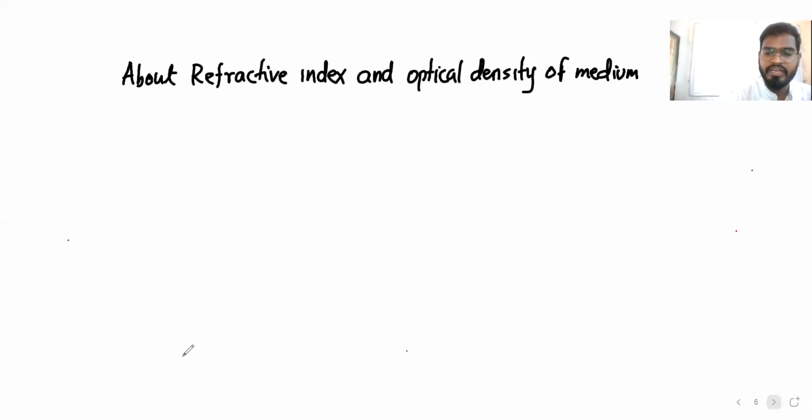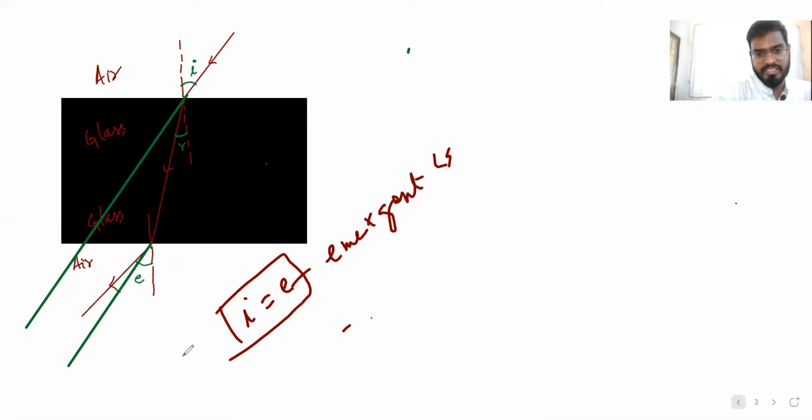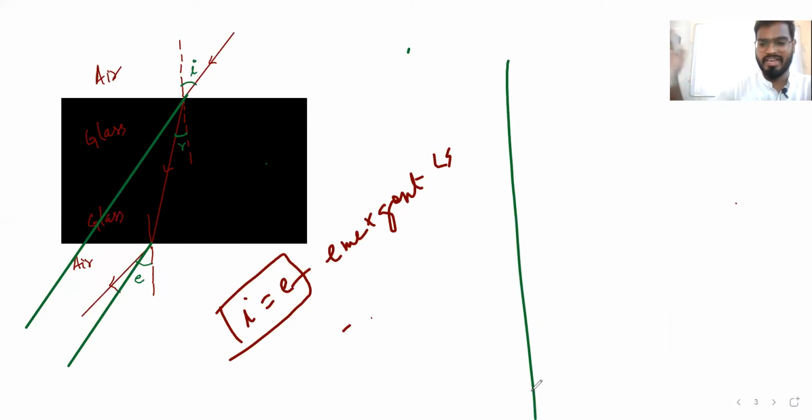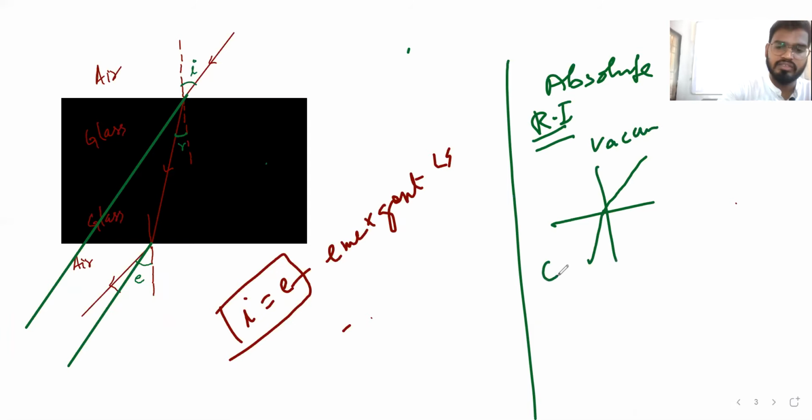Now if you want to find the absolute refractive index, let's see. I'll do it here because we have less space, I wrote something else there. Suppose a ray of light is traveling from vacuum to glass, so this is N1 and this is N2. The refractive index of vacuum is 1.